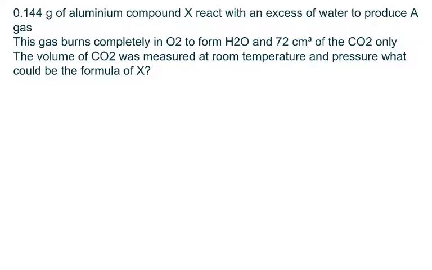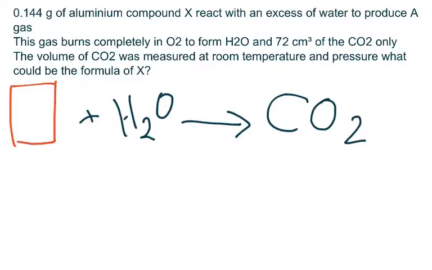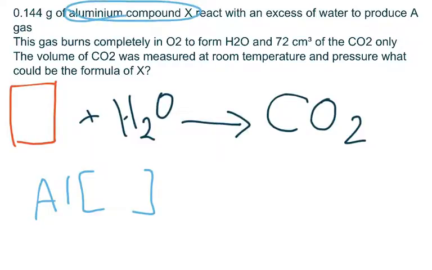So here's the idea. We know that we have CO2, and this CO2 is being produced by something reacting with H2O, okay? Let's just put a red box here. Whatever is in this red box is due to aluminum, where there's a compound here. This is not aluminum alone, because we know it's an aluminum compound.